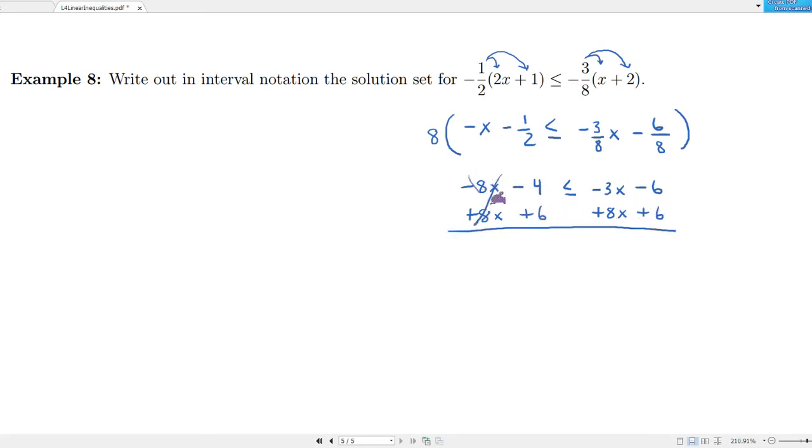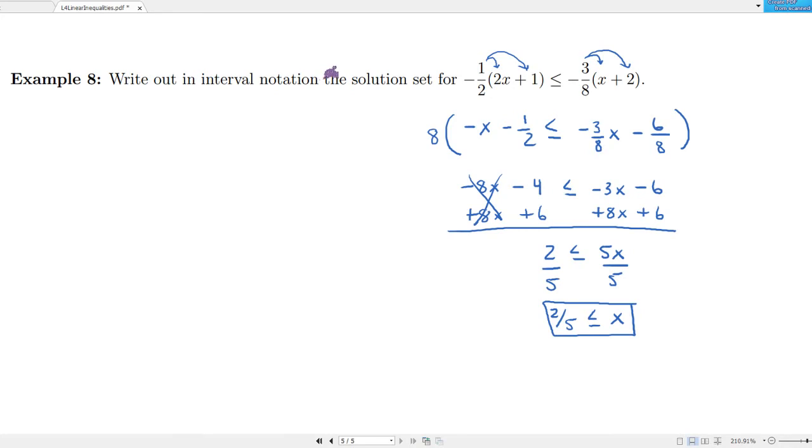So that'll get rid of the 8x. We're left with 2 less than or equal to, adding 8x will give us 5x. And dividing both sides by 5, since that's positive, it's not going to mess with this inequality. So we'll have 2/5 less than or equal to x. In other words, x is greater than or equal to 2/5.